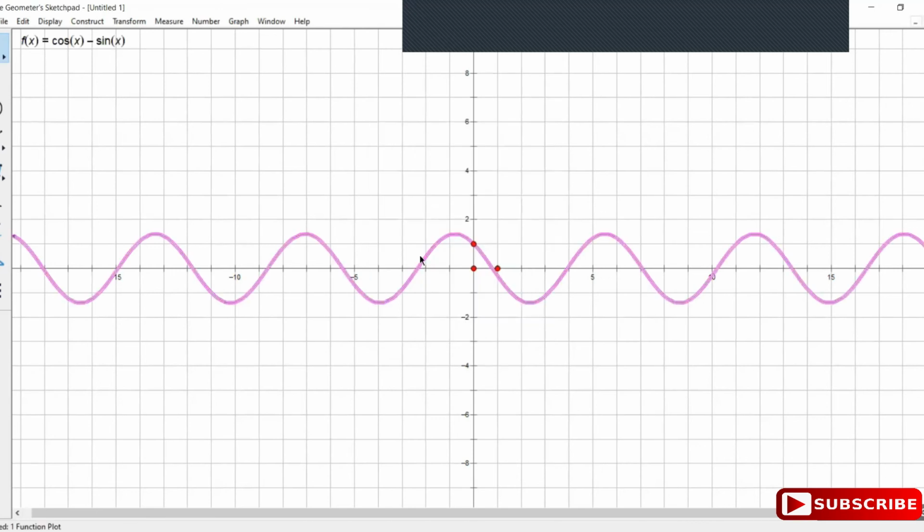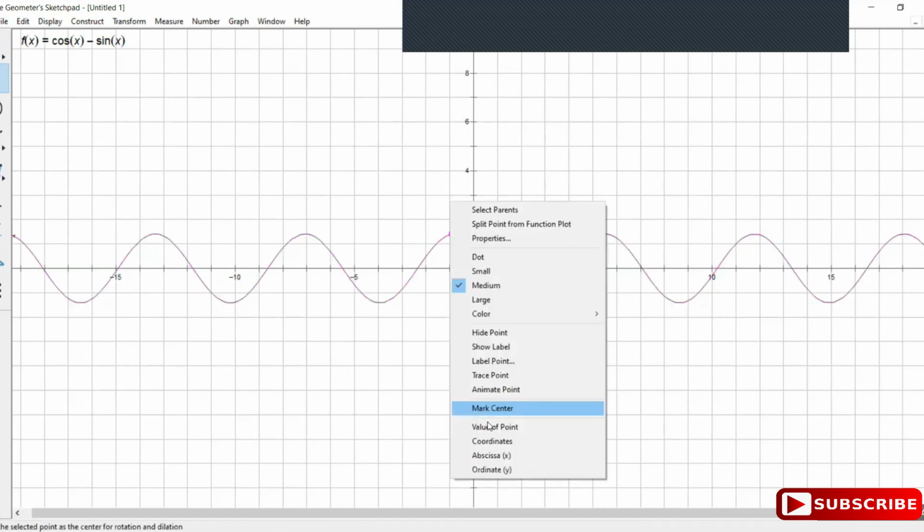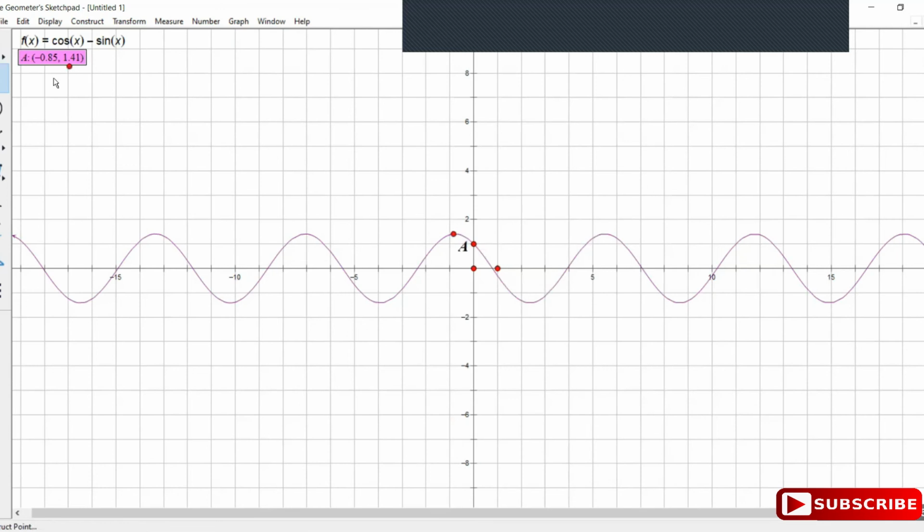This is the graph of cos x minus sine x, and as we can see, this is the maximum value. These y values are the maximum value. So if I were to put a point right here, that's the maximum value. Just to look at the y coordinate, maximum value is the y value right here.